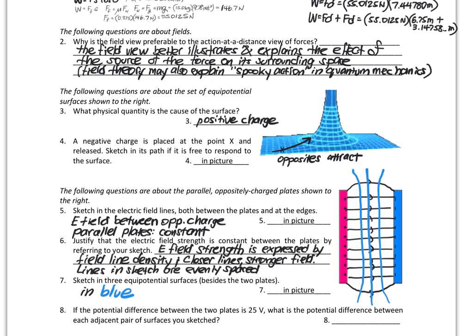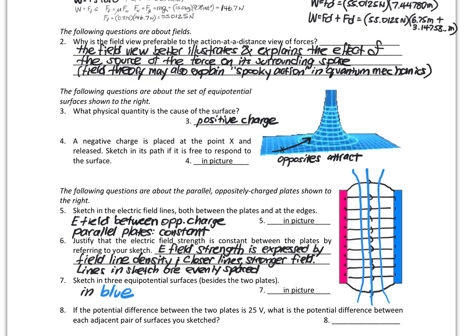And it says justify the electric field strength is constant between the plates by referring to the sketch. The sketch shows evenly spaced field lines. The way electric field lines are drawn is that the closer the lines are together, the stronger the field is there. And so if I draw evenly spaced lines, then there is no difference across the field in strength. It's the same strength at all points.